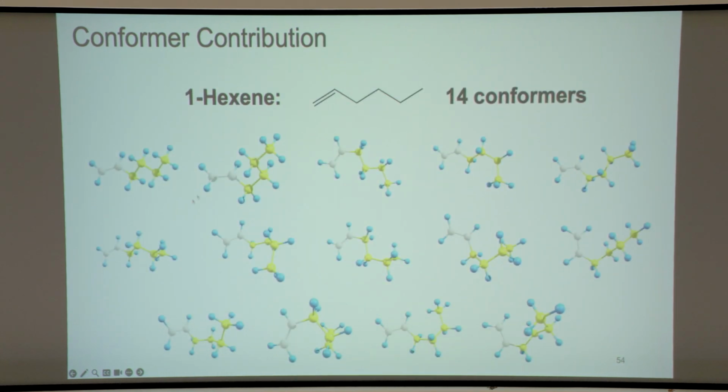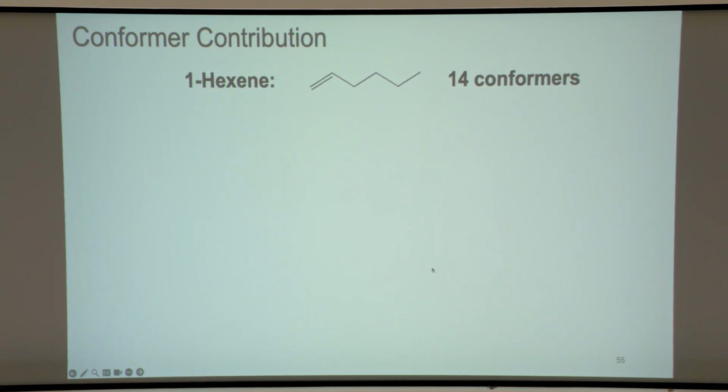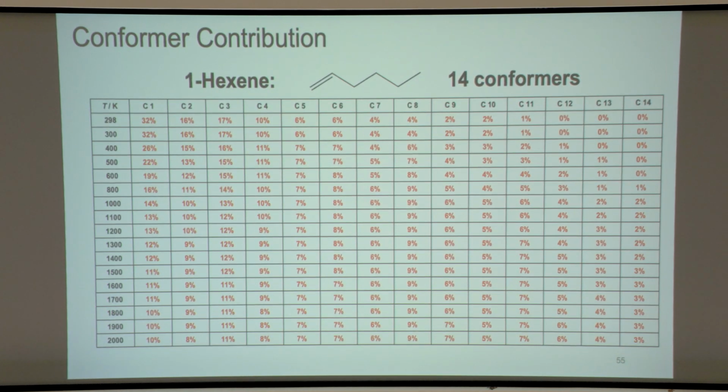And just to show you again, this molecule, hexene, has 14 different conformers of how it could be, the bonds could rotate together. You can calculate all these conformers in codes like Spartan, and then you can calculate their energies. And then you can start to fill a table at different temperatures, because Gibbs free energy changes with temperature, the contribution of each of these 14 conformers to the overall energy of the system.